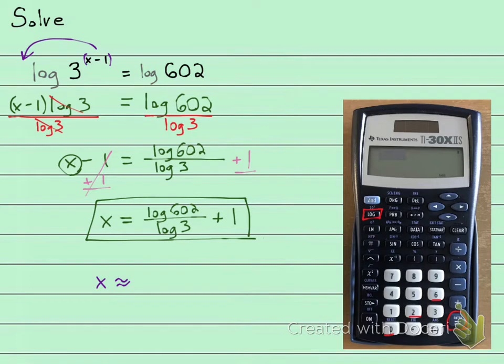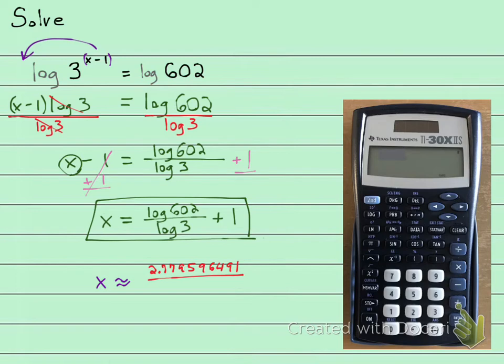Log 602 equals, and I get 2.7795969491. So I'll go ahead and replace that with 2.7795969491.